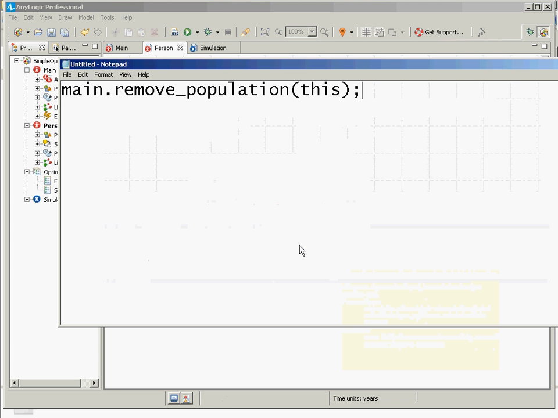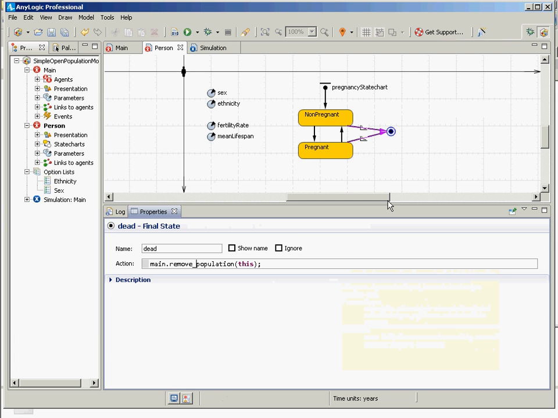Within the population, there's this thing called Main, and that says, hey, get me a reference to Main, and tell Main, remove me from the population. And that's myself. It's saying, remove myself from the population. So this is what we put into this point here: when they come into here, we do this.